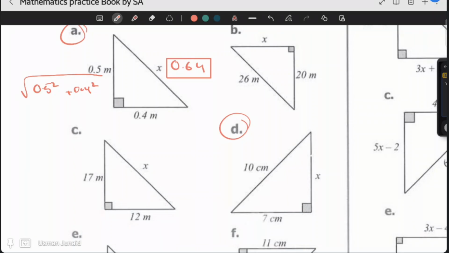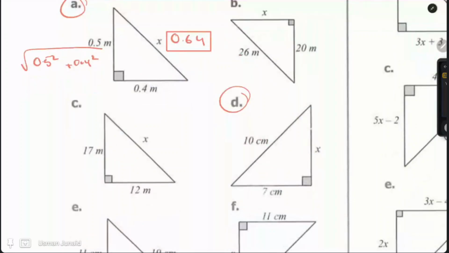Do you have the answer? It's 1.73. We are doing D, part D. So, what values do you have?